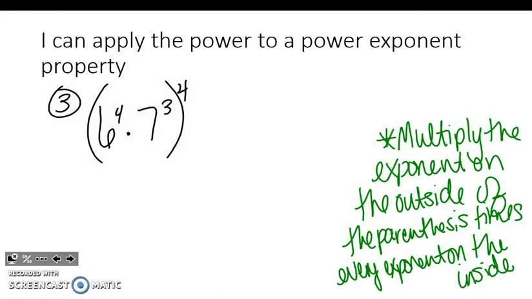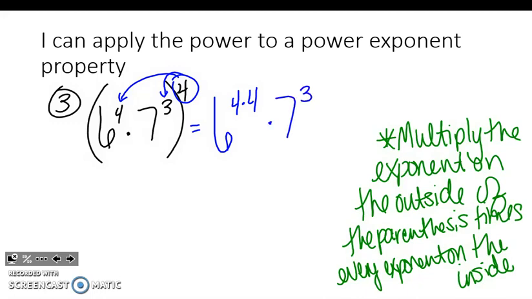Okay, so same deal here. You have to multiply the exponent on the outside times every exponent on the inside. In this case, there's 2 different exponents. So they both have to be multiplied times that exponent on the outside. So we're going to take 6 to the 4th times 4, and that's being multiplied times 3 to the 7th times 4.